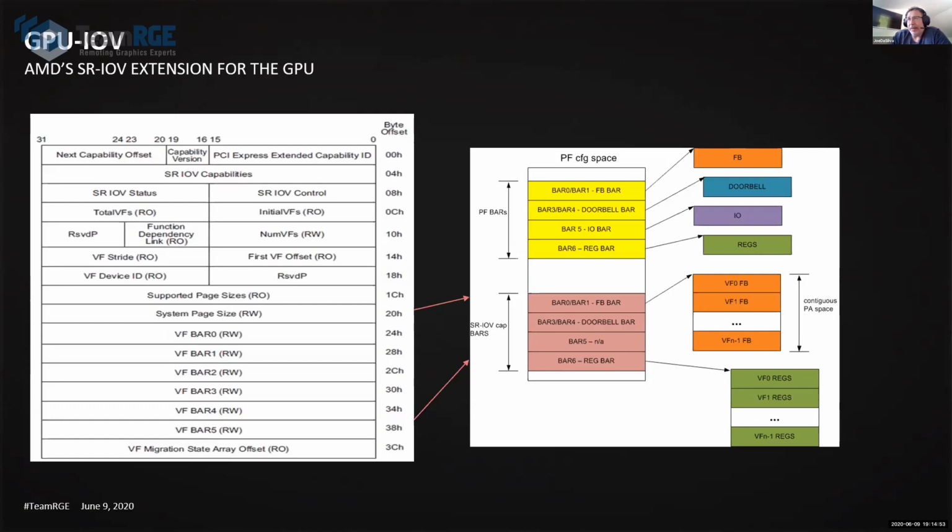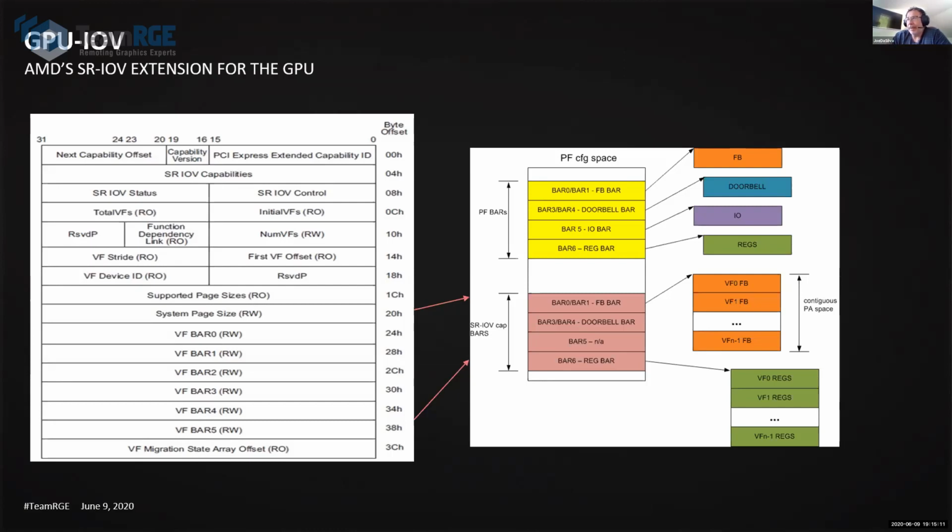So apart from that, we also obviously have all the frame buffer physical address space that's carved out. We also have the virtual function configuration spaces, and also the frame buffers, the I/O bars, the memory mapped I/O bars.